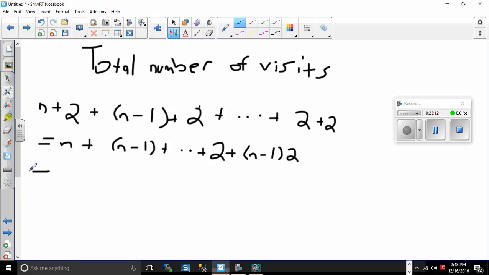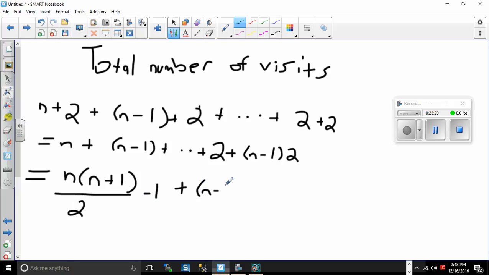I won't go through the algebraic simplification, but it turns out from algebra that this formula is actually equal to something that looks like this, and this can be proven mathematically. When we add these three terms together, we get a formula that looks like this.